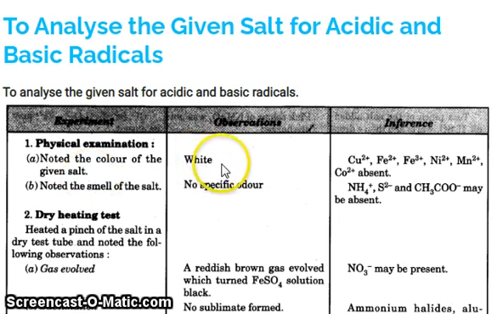If it is white, then the presence of Cu2+, Fe2+, Fe3+, Ni2+, Mn2+, Co2+ is absent. So you did the experiment, your observation is white, and your inference is absence of these cations.